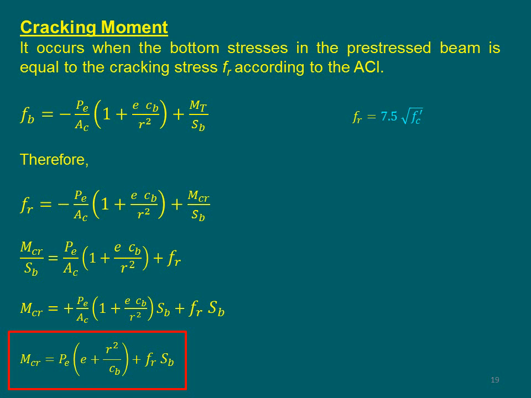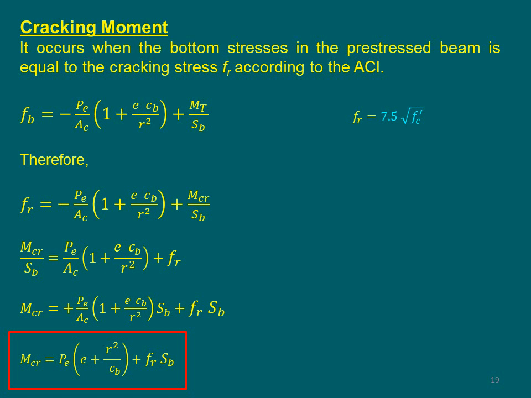This moment is going to be due to dead load, additional dead load, and live load. Well, I'm not sure of this because we don't know exactly how much moment causes cracking of the beam. So I'm going to call this moment the cracking moment.